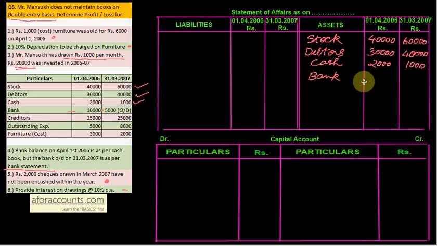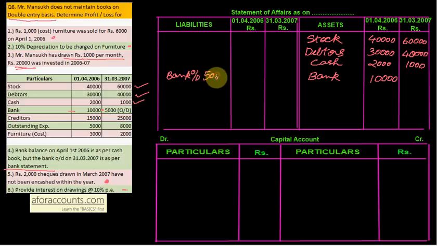Bank balance on 1/4/2006 is your 10,000 amount, but look here, in bank on 31/3/2007 it is an overdraft. Overdraft is my liability, so it will come on the liability side. Bank overdraft is 5,000.